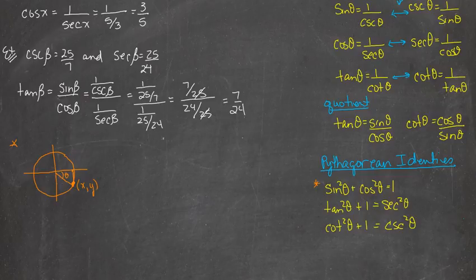But we know that on the unit circle, when the radius equals 1, sine theta is our y value and cosine theta is our x value. So I can say cos theta and sine theta is the coordinate for this point.